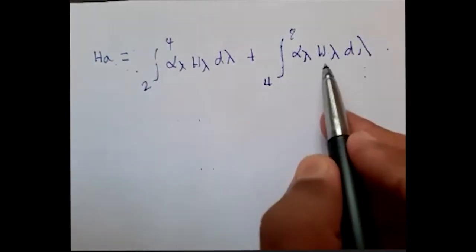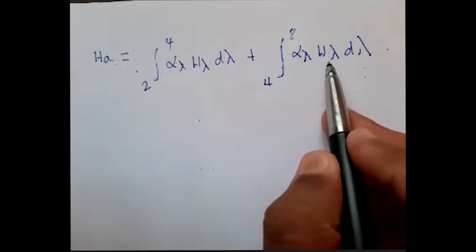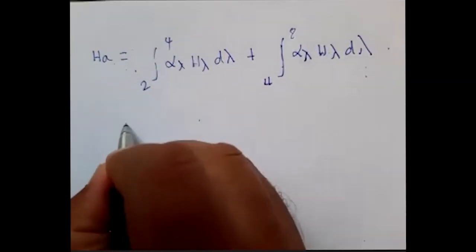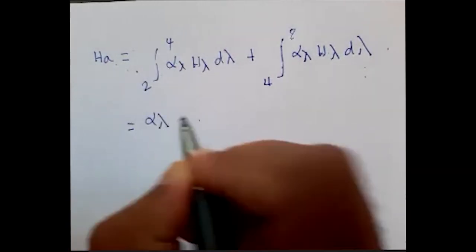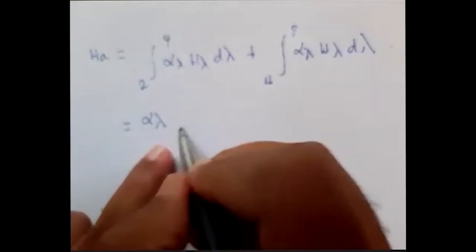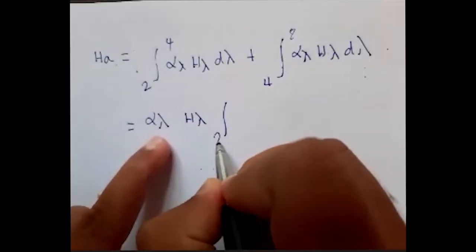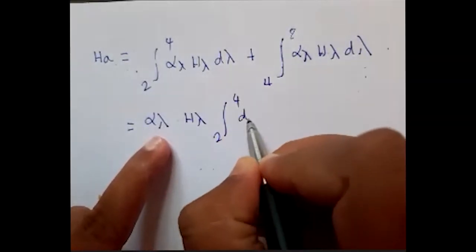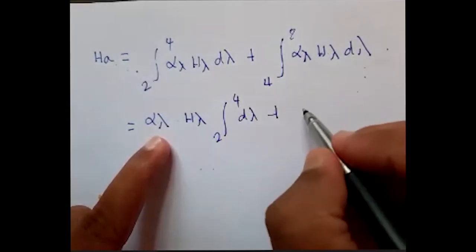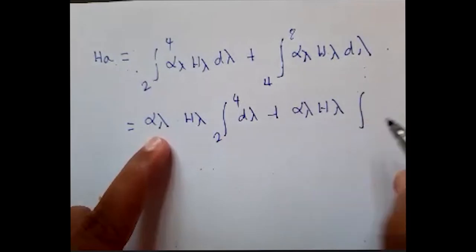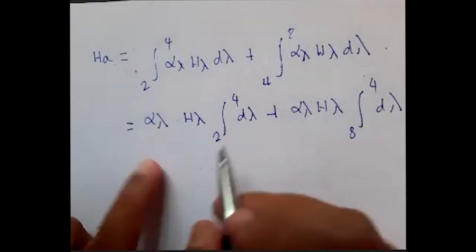Alpha lambda in this case is a constant, so I take it outside, and H lambda is also constant, so it is outside. Between 2 to 4 it is d lambda, plus again alpha lambda and H lambda between 4 to 8 d lambda.